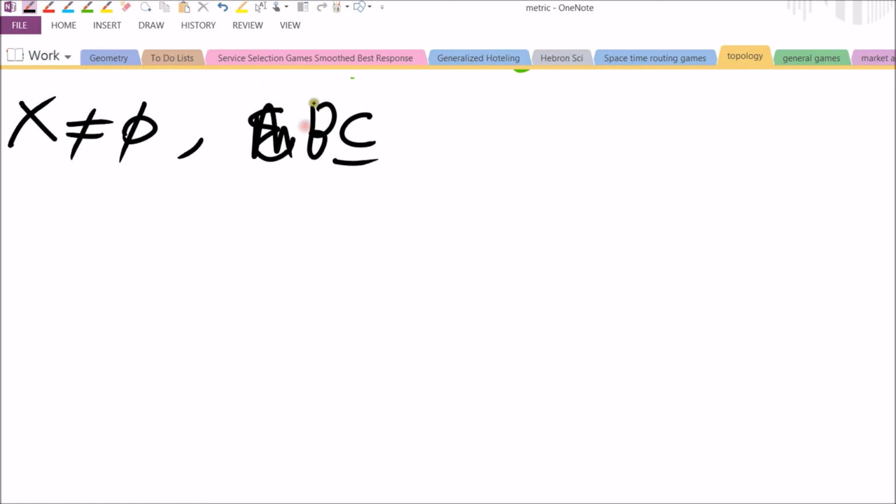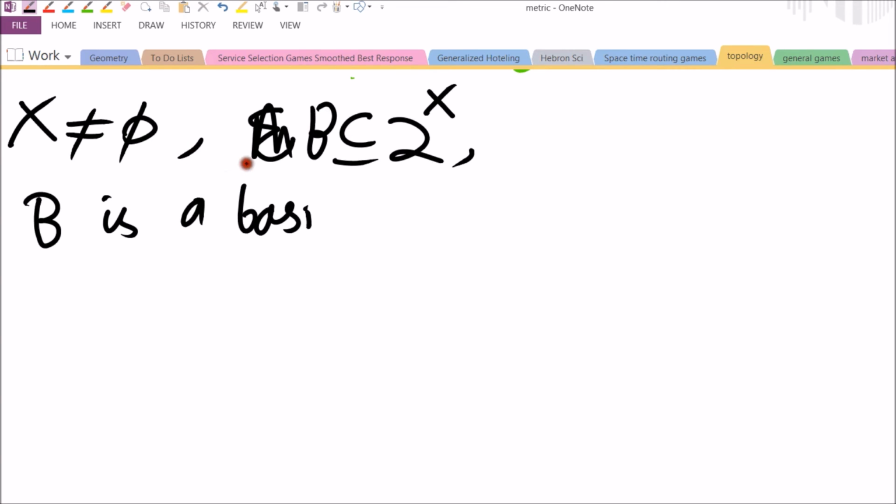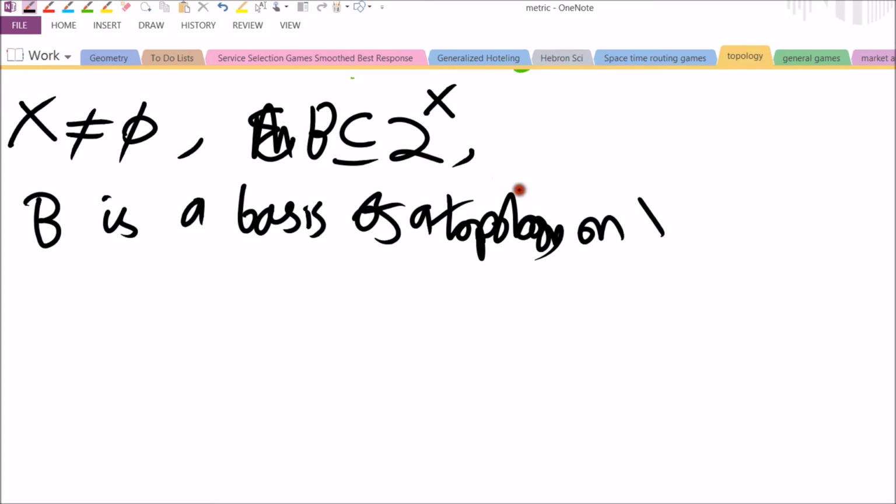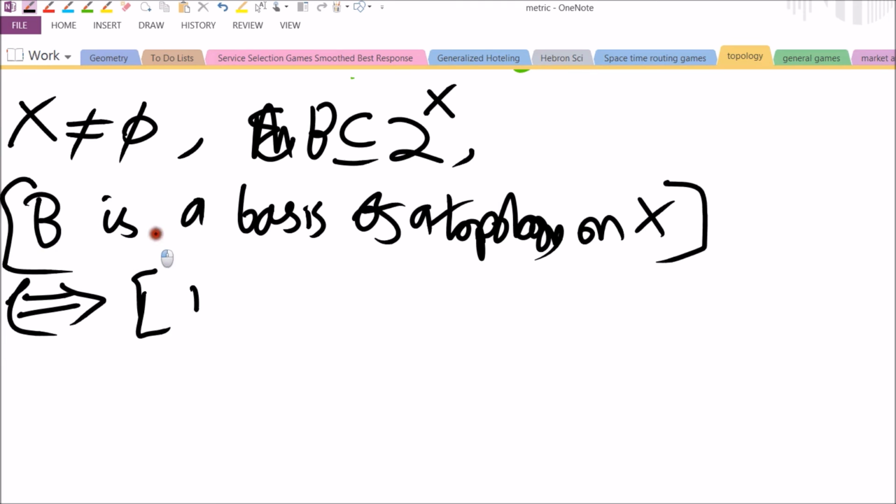So I might as well just quickly remind you of the whole proposition. Essentially, what it says is that if we have a non-empty set X, and we have some collection B of subsets of X, then B is a basis of a topology on X if and only if we have two conditions holding.